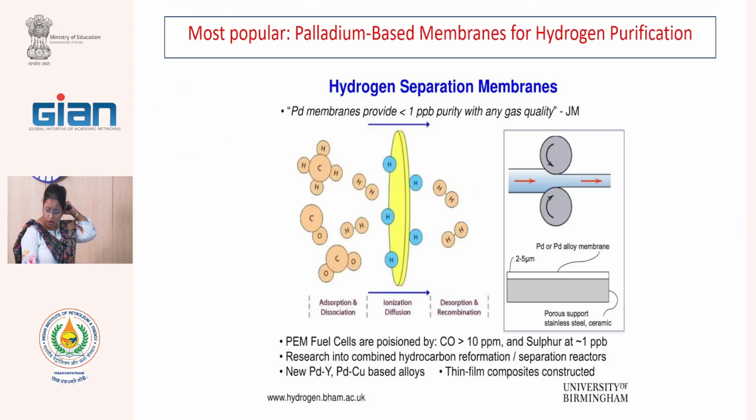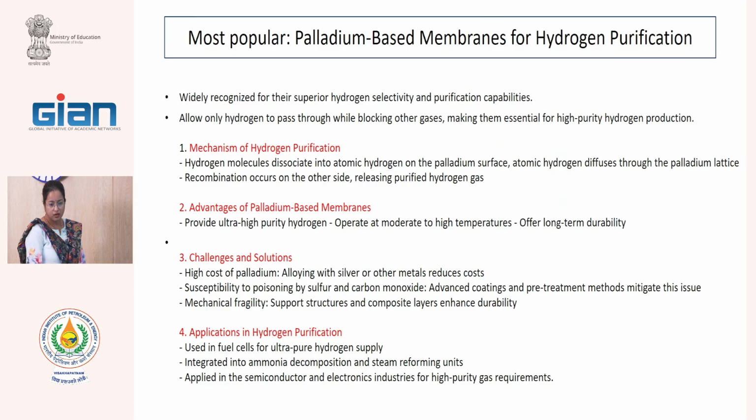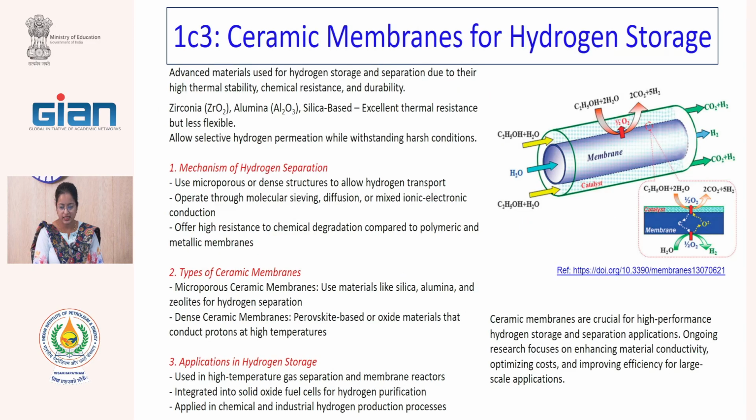Not only sulfur, it is also corroded by carbon monoxide very effectively. So, challenges and solutions: as I was telling, you can get ultra high purity, and at the same time they are used in fuel cells and energy, etc.